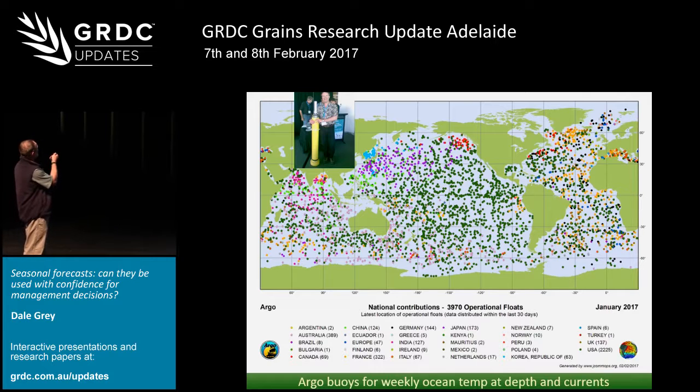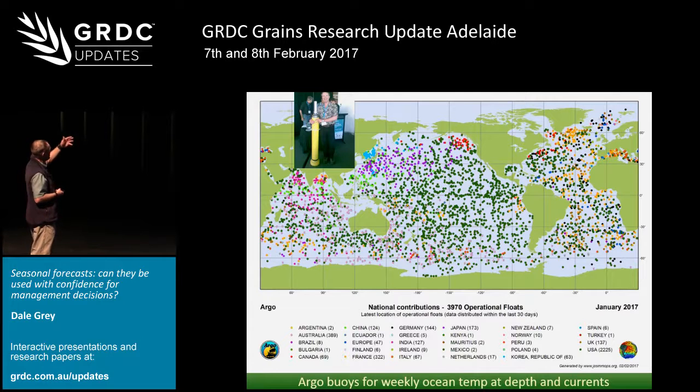So these are Argo buoys. Here's me hugging one. They're worth about $10,000 each. And everywhere you see a dot on that map, there was one of those floating in January. Once a week, they sink to the bottom of the ocean, they come up to the top, and they take salinity and temperature readings, zap that off to the satellites, and then they also track their drift pattern as well.